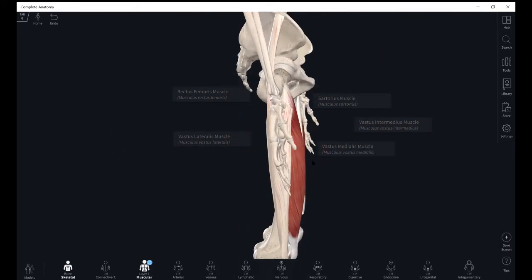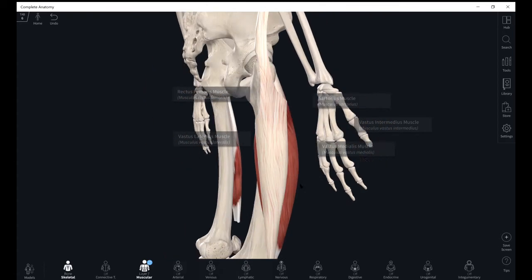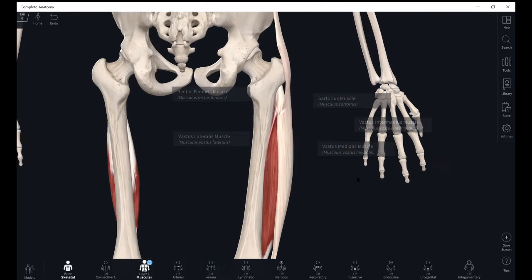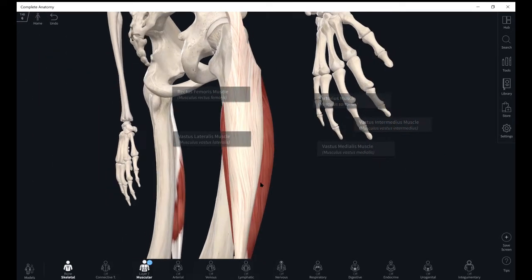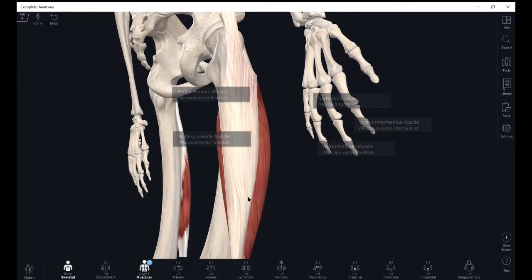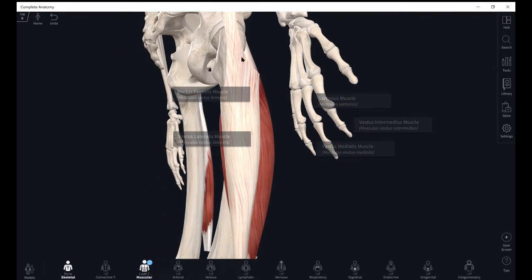Whenever palpating the IT band, you can see it actually comes down and envelops the majority of that vastus lateralis. However, the most prominent part that we can palpate will fall right in line right here. So a decent amount of vastus lateralis sits posterior to the IT band that we can palpate.